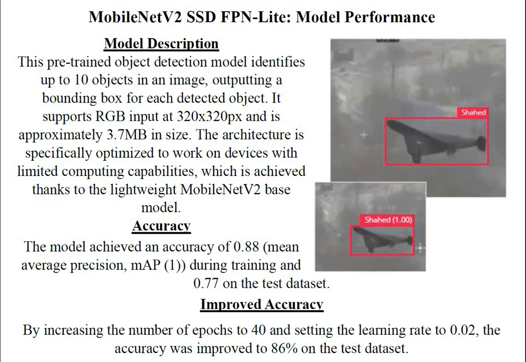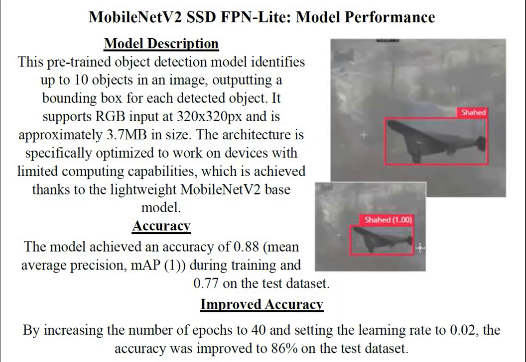with the first model. It's MobileNet version 2 SSD FPN Lite. It's a model performance. This pre-trained object detection model identifies up to 10 objects in the image, outputting a bounding box for each detected object.